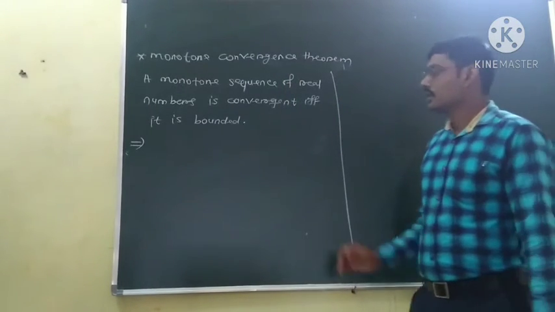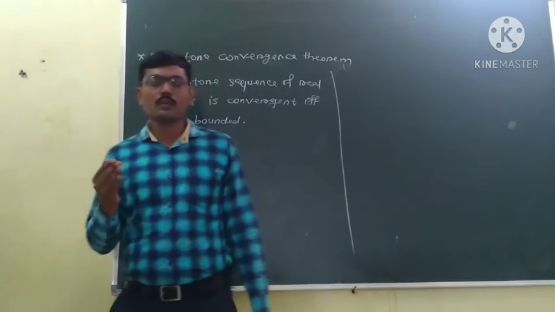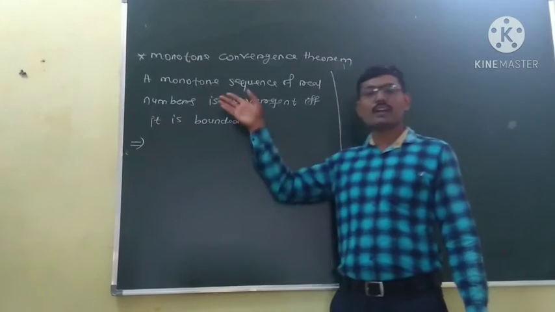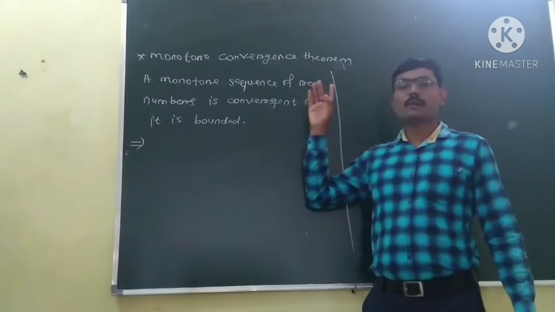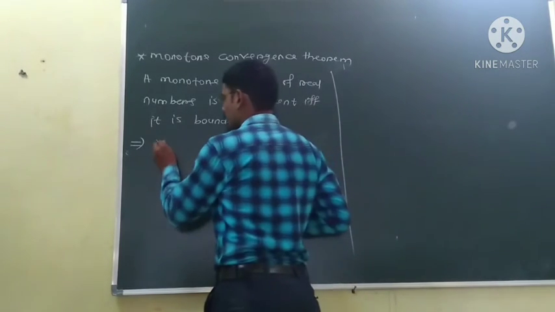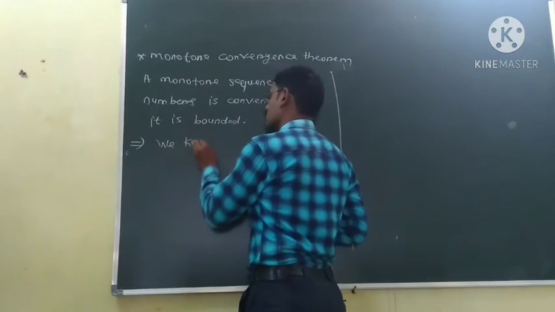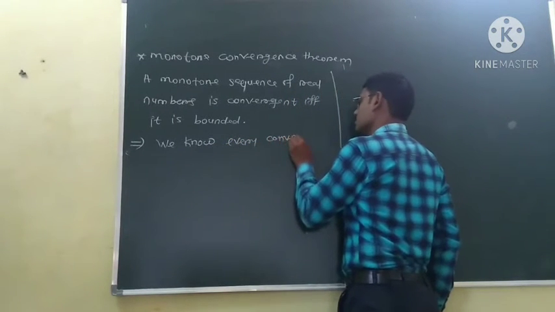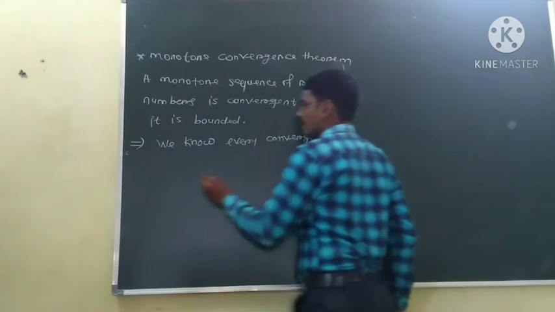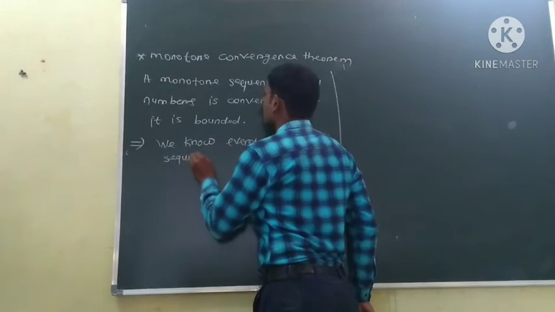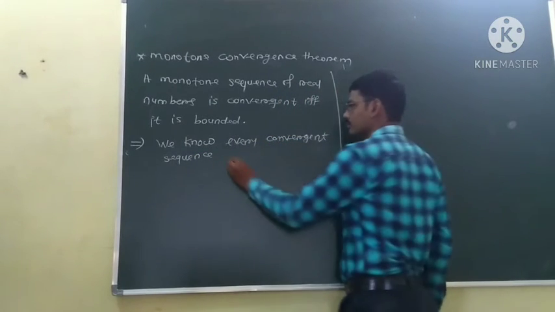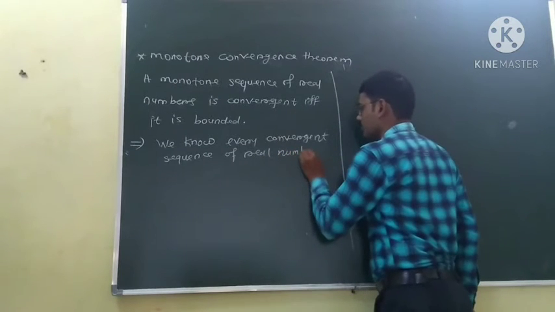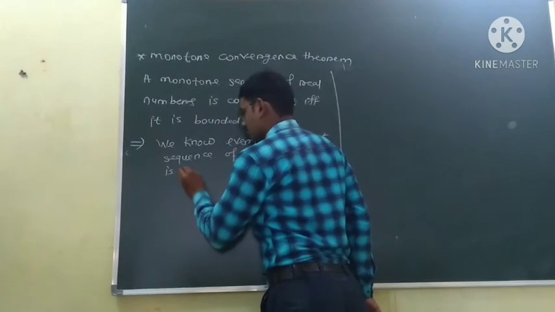Now we have already seen one theorem which says if a sequence is convergent, then it is bounded. So one part of this theorem we have already seen. What is the part that we know? Every convergent sequence of real numbers is bounded.